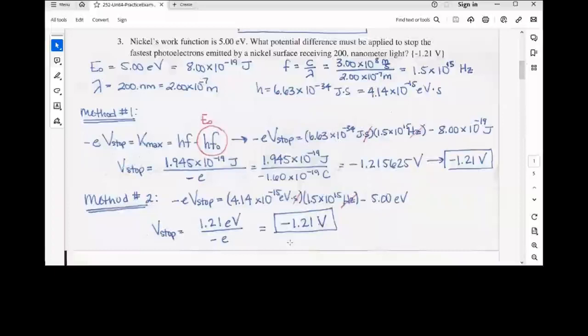Because of the way the electron volt is defined, it is literally just the charge of one electron multiplied by 1 volt. So going from electron volts to volts simply involves crossing out the e that's already inherently a part of the electron volt unit. The negative arises for exactly the same reason as it did for method 1, and I get the same value, negative 1.21 volts.